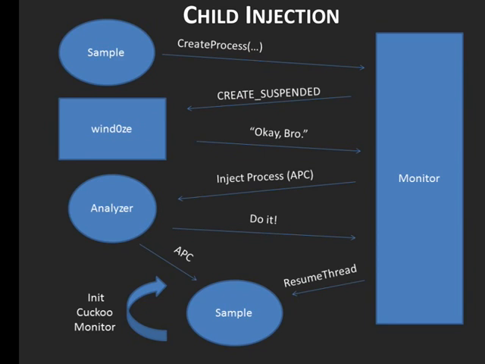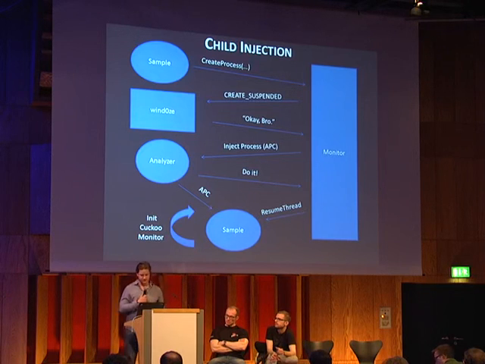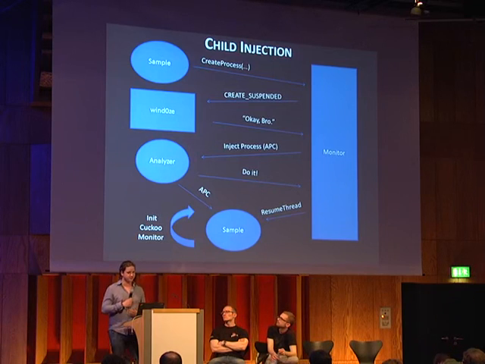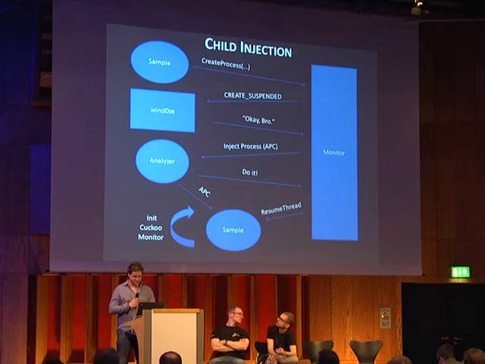Basically, before the execution returns to the malware, we want to have injected our DLL. We do this by using APC, which is asynchronous procedure call. Again, we create a new process in suspended mode, we inject our DLL, and then we resume it afterwards. This allows us again to run our DLL code before the new process is spawned, and we can again set our hooks and we control the process again.